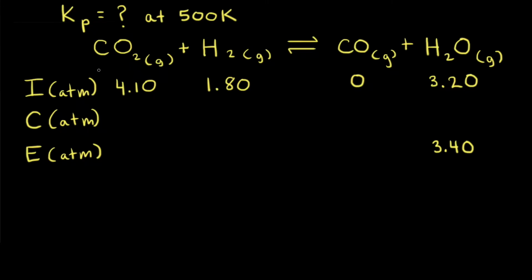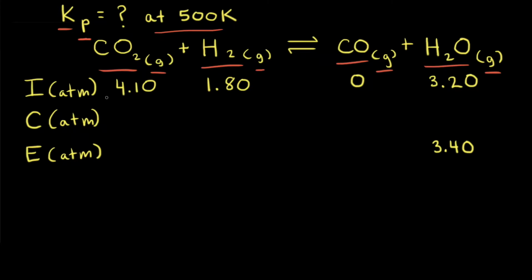In this reaction, carbon dioxide reacts with hydrogen gas to produce carbon monoxide and H2O. Since everything is in the gaseous state, experimentally it's easier to work with partial pressures than with concentrations. So instead of calculating Kc, we're going to calculate Kp, where the P stands for pressure. We're trying to find Kp at 500 Kelvin for this reaction.